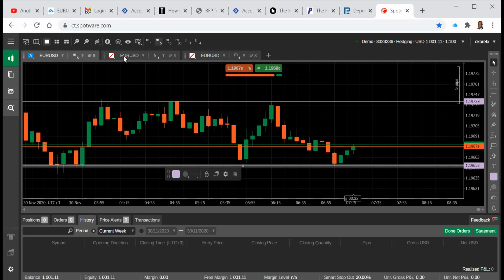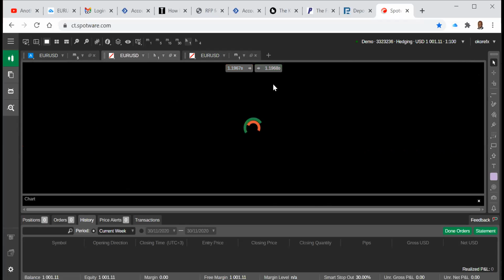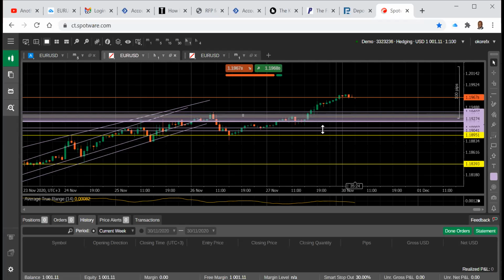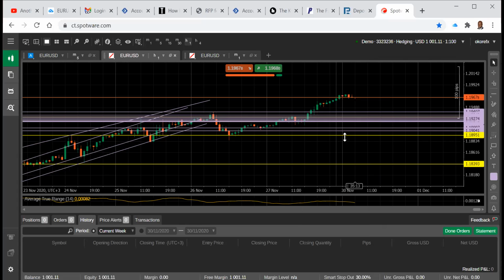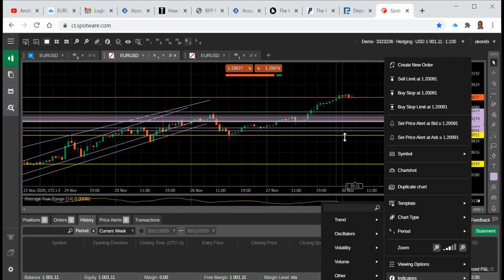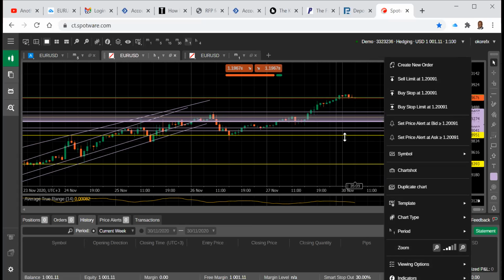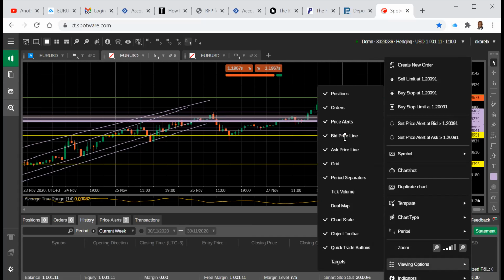All right, and we can look at the 1 hour time frame. So we use the 1 hour time frame basically to, let me remove all these things here. There's a way in which you can remove all the drawings that you have there.